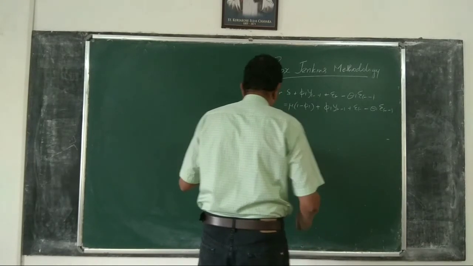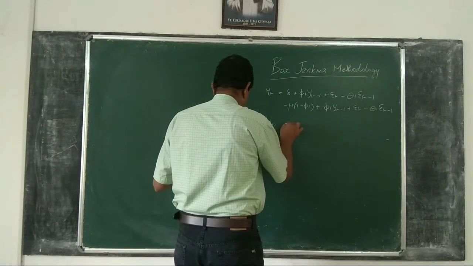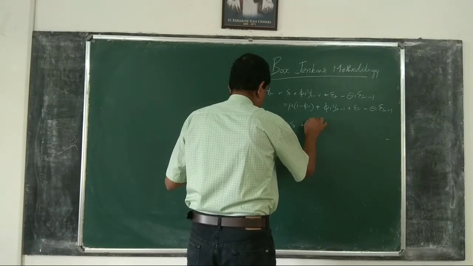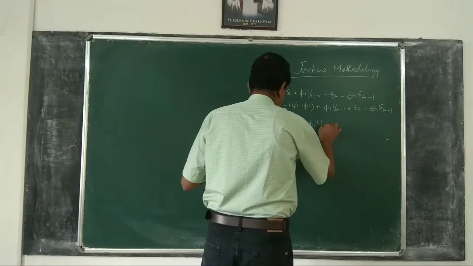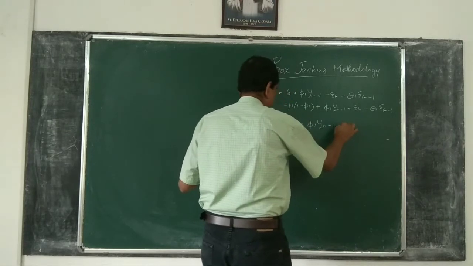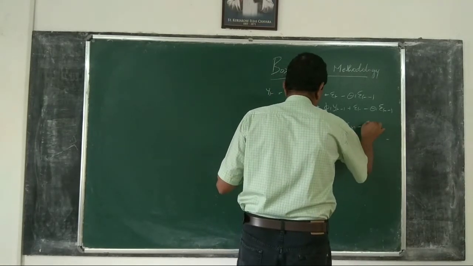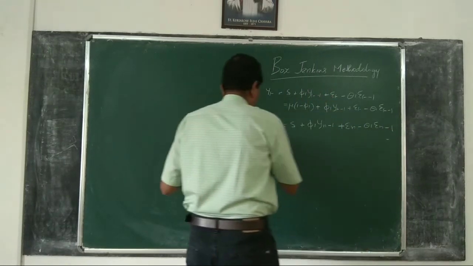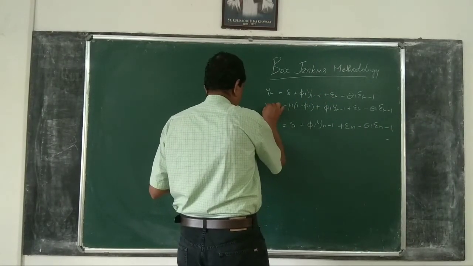And yn can be written as delta plus phi 1 yn minus 1 plus epsilon n minus theta 1 epsilon n minus 1.